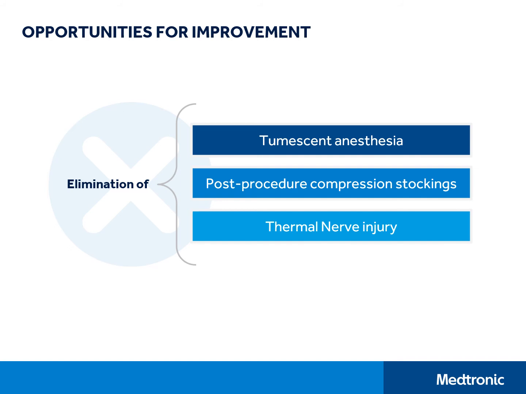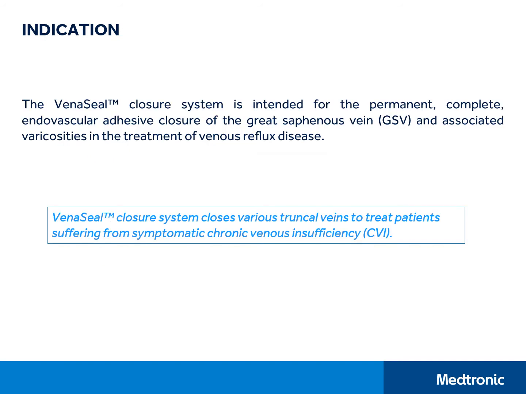And it also eliminates thermal nerve injury, which is very common with endovenous thermal ablation, particularly while we are treating the short saphenous vein, because the sural nerve course is very different in all patients. So sural nerve injury is common many times while treating the short saphenous vein, and this can be eliminated by using the VenaSeal glue.